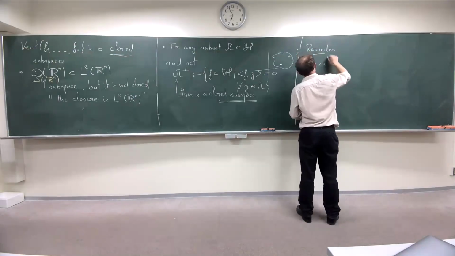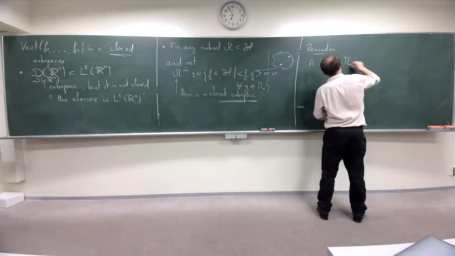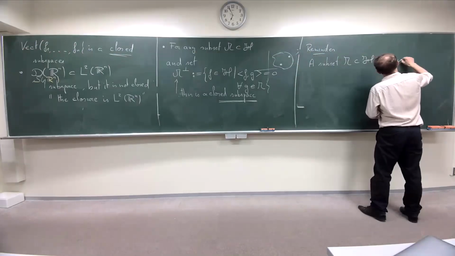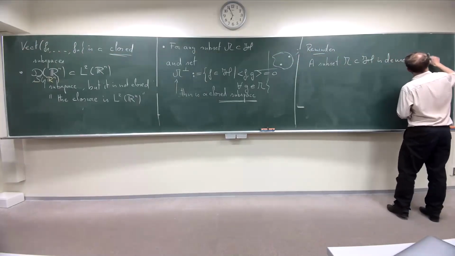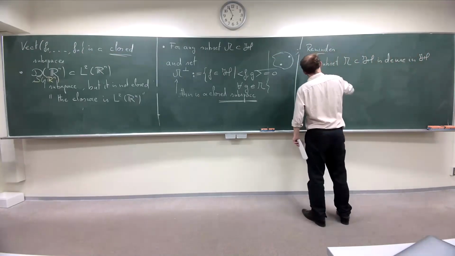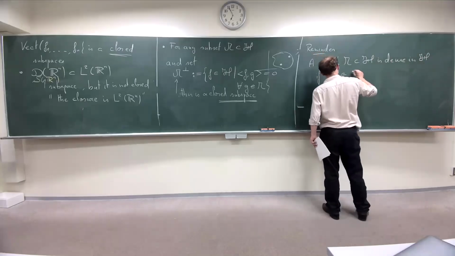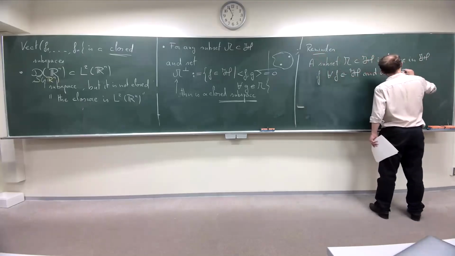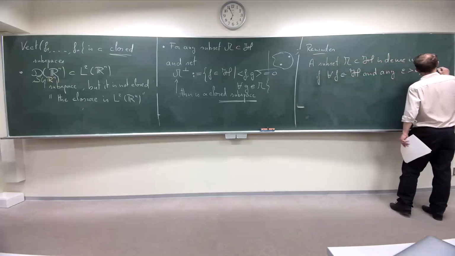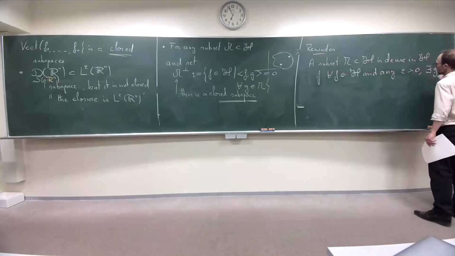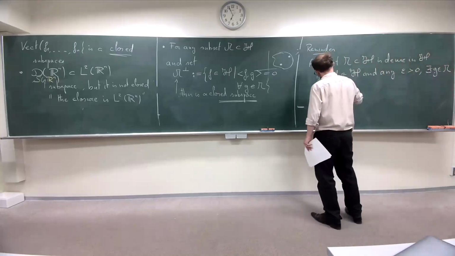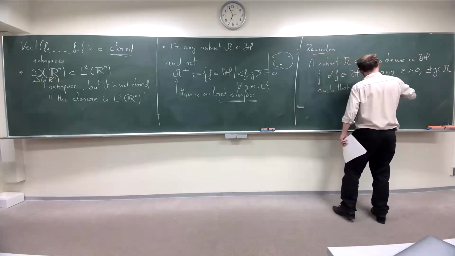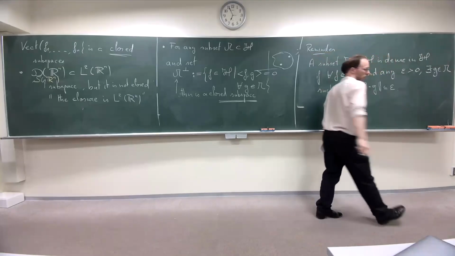A subset M inside H is dense in H if for any F belonging to H and any epsilon bigger than 0, there exists a G inside M such that the difference between F and G is smaller or equal to epsilon.